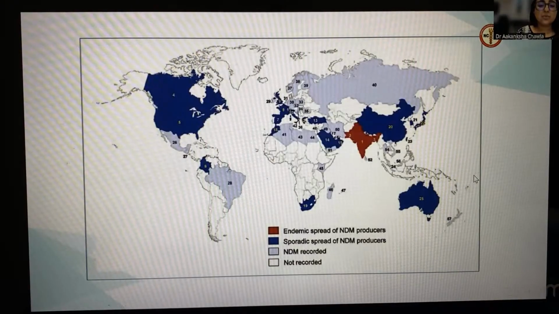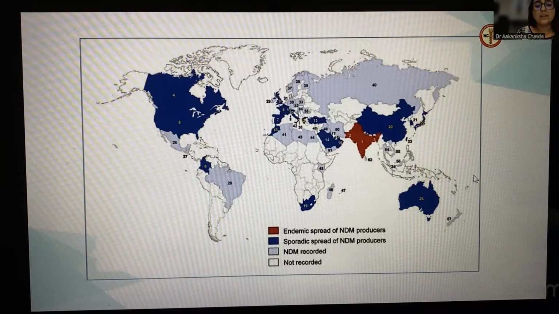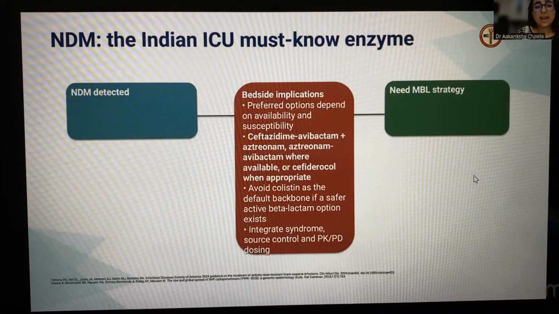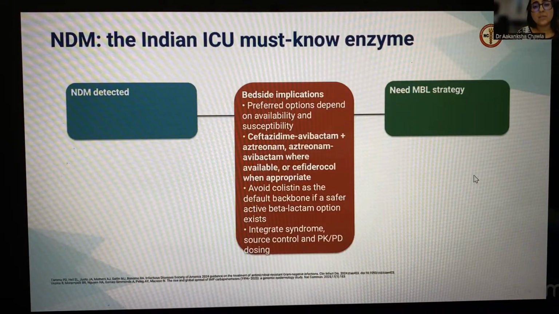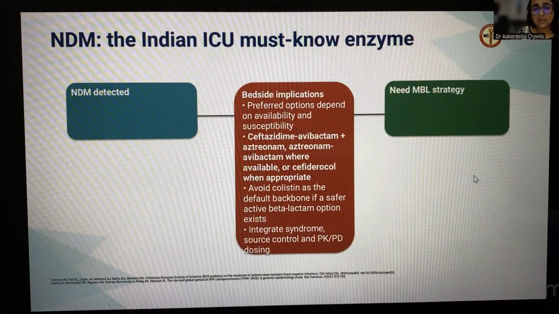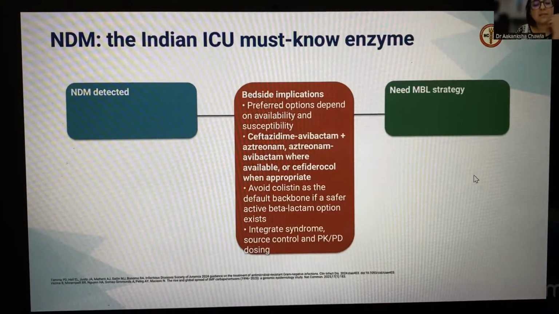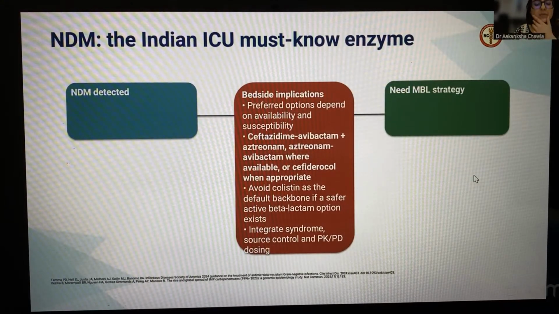This is just to show you that over time, like you can see the red part, India on the map, the endemic spread of NDM producers has been on the rise. And once you have detected NDM, you need to have the MBL strategy, which we just talked about. So ceftazidime-avibactam and aztreonam, or aztreonam-avibactam, cefiderocol if it is available, not in our country.